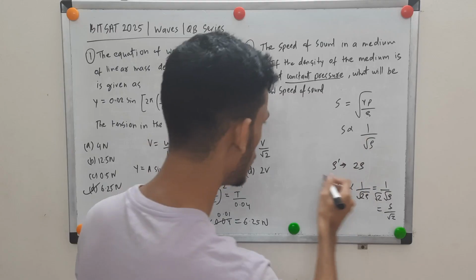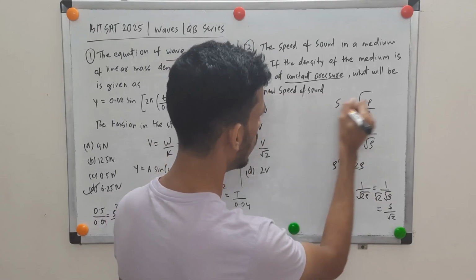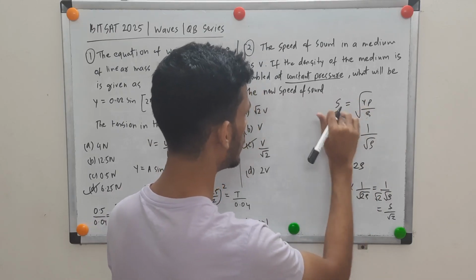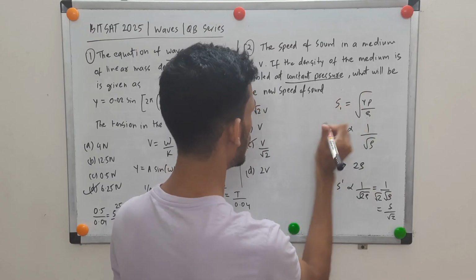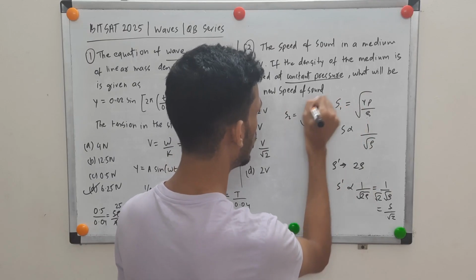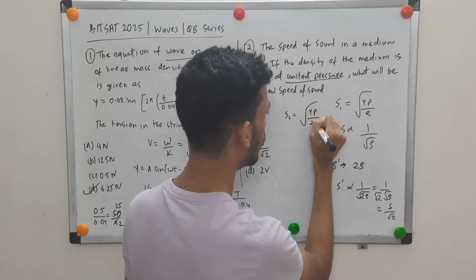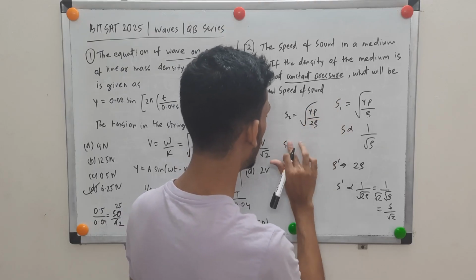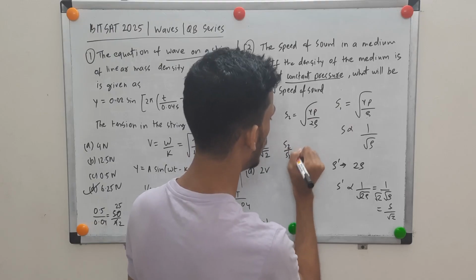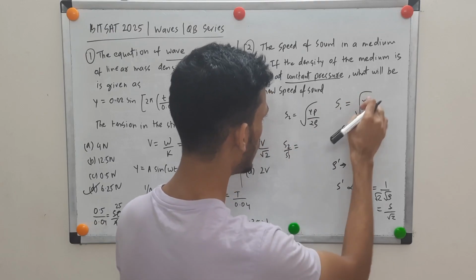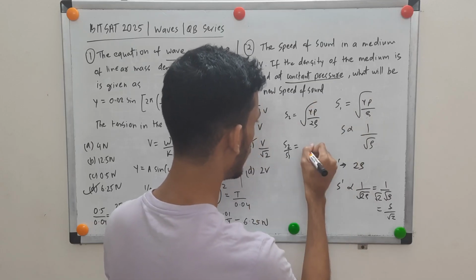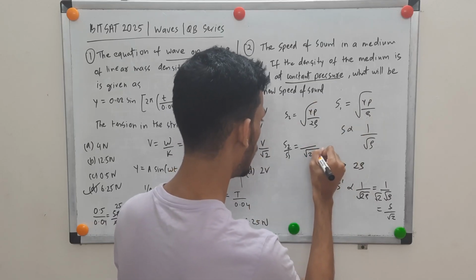Okay, or if you're confused in this method, so s you know this way, right? So this is for medium 1, so s1 I can write, and s2 will be gamma p by 2 rho, right? You can take the ratio. Let's take s2 by s1 since we want to find s2. So you see gamma p by rho gets cancelled and you'll have the root 2 rho.